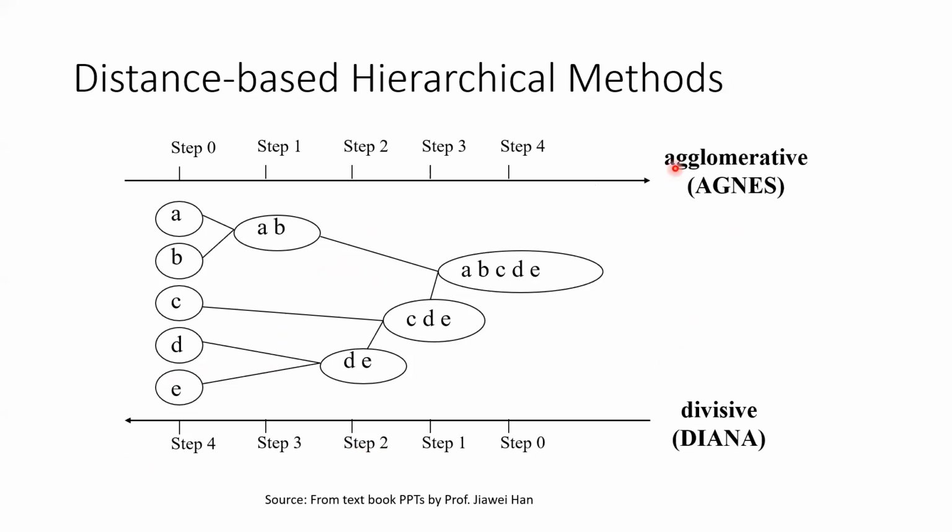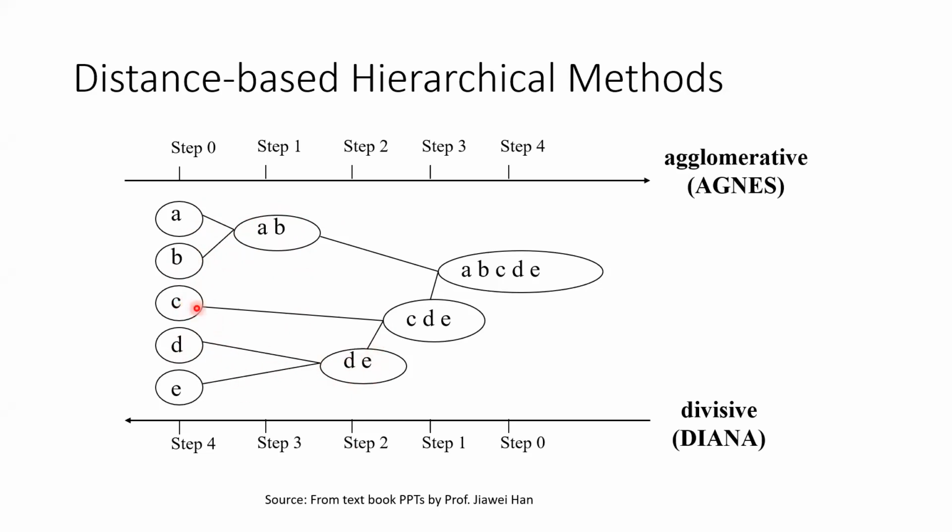So agglomerative clustering means we start. Suppose this A, B, C, D, E are the data points, right? With agglomerative clustering, we start with each data point as a cluster, and then we agglomerate, or combine, each cluster with the nearest cluster. These two clusters into this cluster, and these two clusters into this cluster.